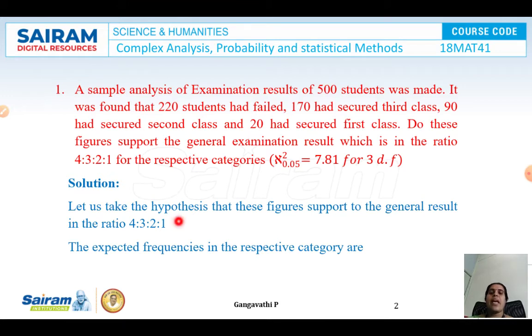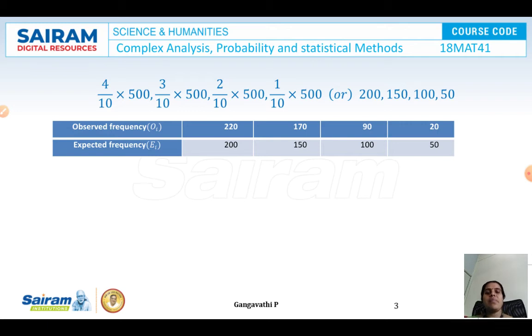Let us make a hypothesis that the figures support the general result in the ratio 4:3:2:1. Let us suppose that this is to be satisfied. The expected frequency in the respective categories can be calculated like this.